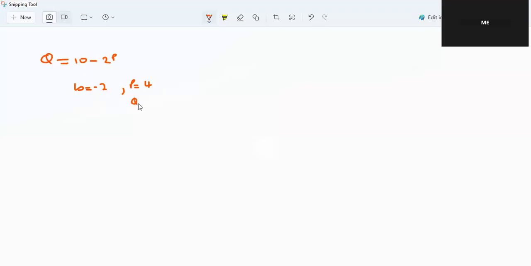So you substitute this in the equation to get your Q. 10 minus 2P, so where there's P, we put a 4. That is 10 minus 8, which is 2. So our Q is 2. Then what's the elasticity of demand? Point elasticity, this is a direct demand, so it is simply B times price over quantity. Our B is -2, the gradient.